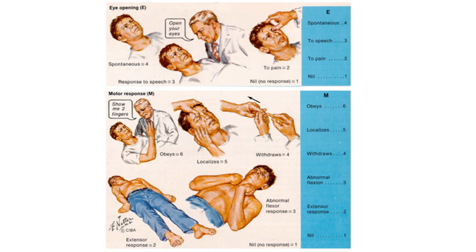If patient shows abnormal flexor response, especially flexion at the elbow and wrist, in the decorticate position, it is considered 3. And if patient is in the decerebrate position or extension of elbow, it is considered 2. And if no response, we can put it as 1.